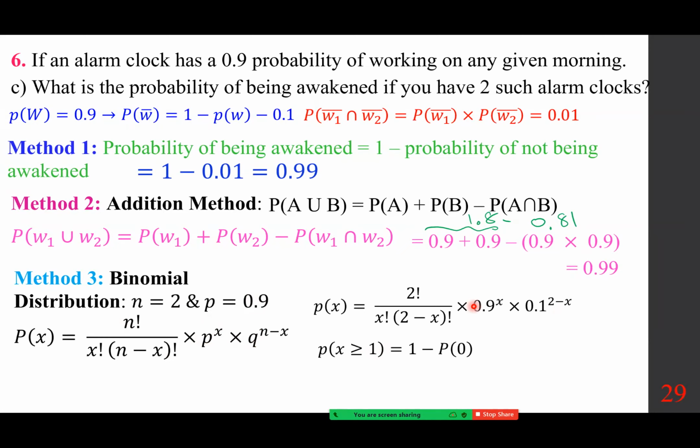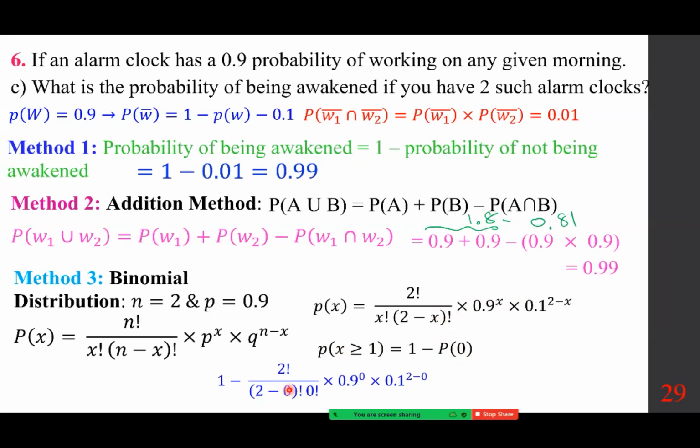Again, you have a choice: plug in 1 here and 2 here and calculate this left side, or it's easier to plug in 0, calculate it, and subtract it from 1. It has less calculation. So 1 minus, replace the x with 0.